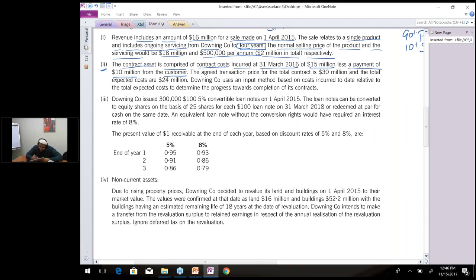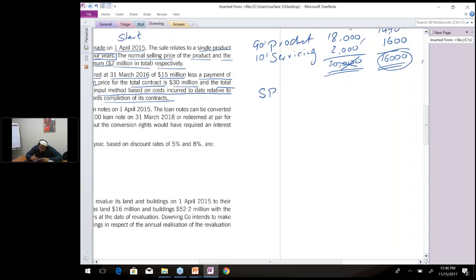So the question says that the agreed transaction price of the total contract is $30 million and the total expected cost is $24 million. And Downing Company uses an input method based on cost incurred to date relative to the total expected cost to determine the progress towards completion. So if I write down the relevant values over here, the selling price that we have agreed is 30,000.